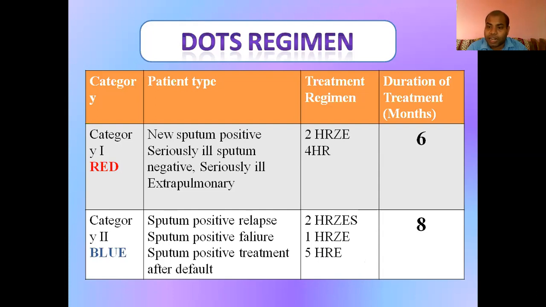Their guideline has been produced for the fixed dose regimen along with the second line drugs, because as the days go by, Mycobacterium tuberculosis is getting resistant towards the first line drugs. So the treatment strategy is changing day by day, and the new treatment strategy under DOTS is known as the DOTS plus regimen, or also known as the new regimen.